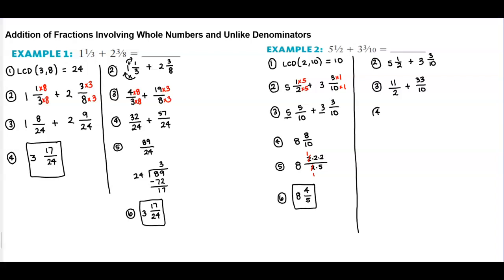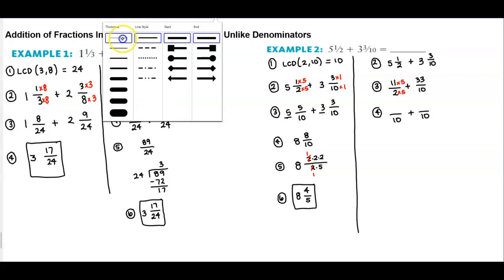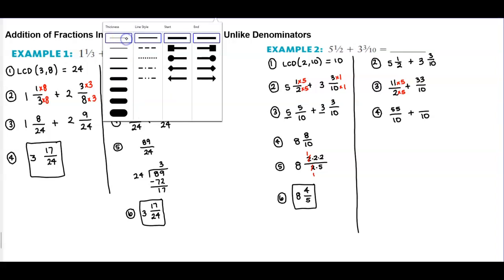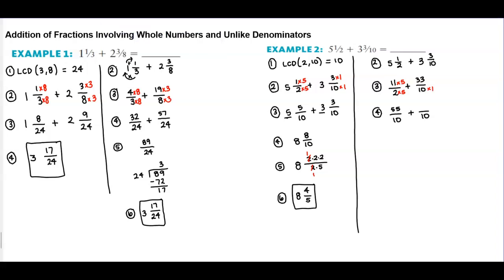And we know that the common denominator is 10. So we know that 2 times 5 is going to give us 10. So therefore we have to do the same thing to the numerator. So 11 times 5 is 55. And then 10 times 1 is going to give us 10. So 33 times 1 is going to give us 33.